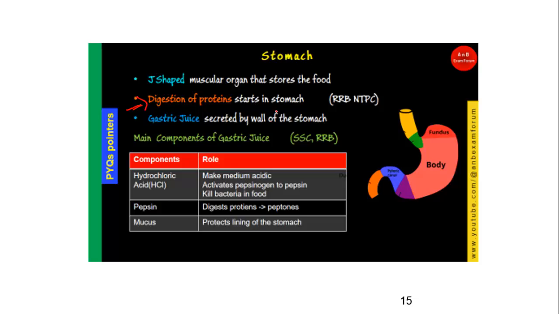The gastric juice contains HCl, pepsin, and mucus. Pepsin is the enzyme which converts protein into peptones. And mucus, since the juice is acidic in nature, protects the lining of the stomach. All such pointers we have seen in our theory class.